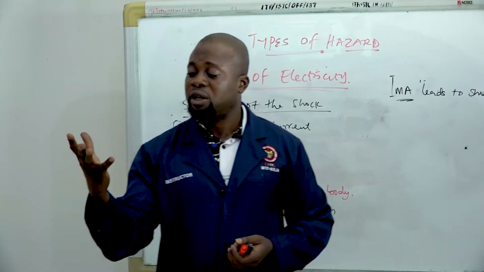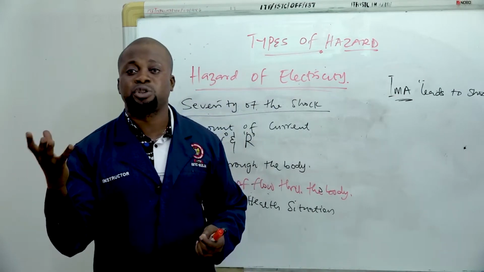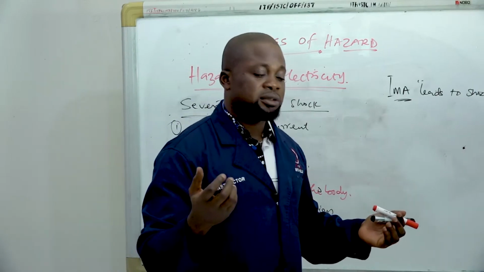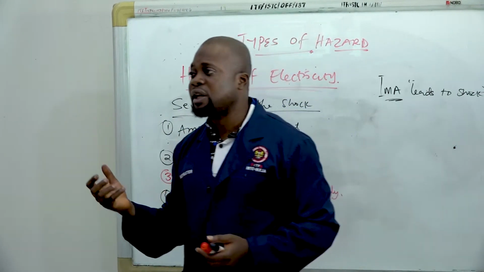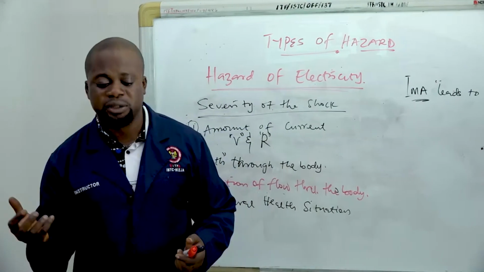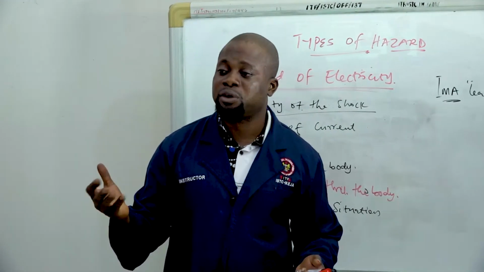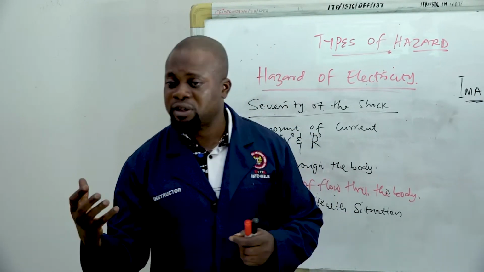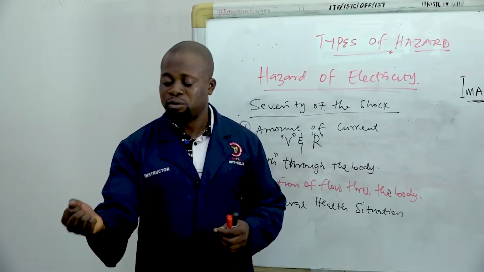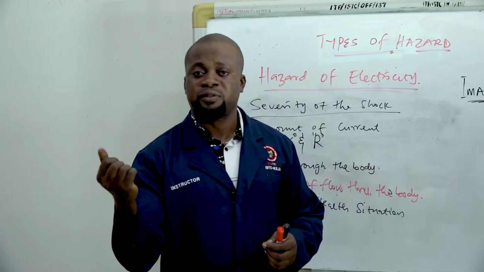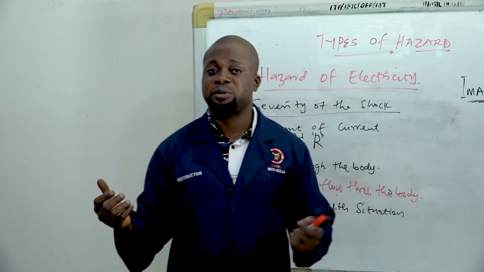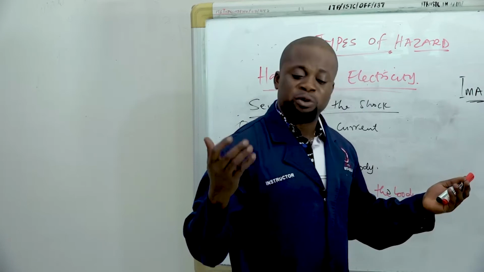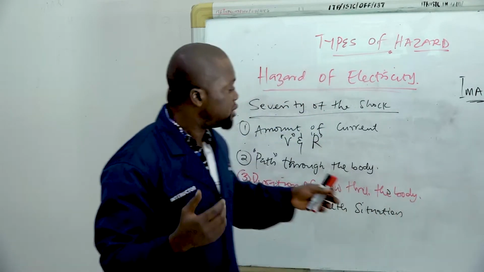Of course, a wet-handed person will receive more shock than a dry-skinned person. A dry-skinned person has high resistance compared to a wet-skinned person. Some persons frequently feel wet in the palm, especially during the Harmattan season. Once you are wet and you make contact with electricity, the severity will be more.